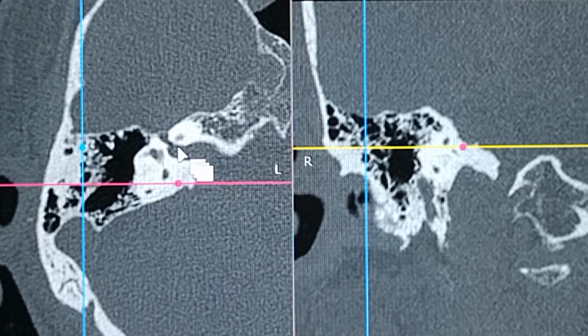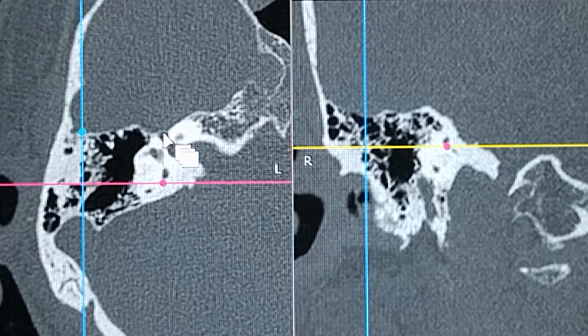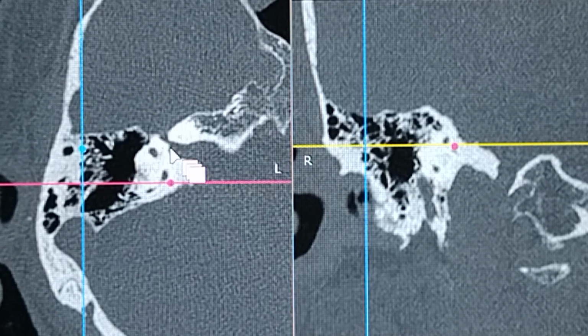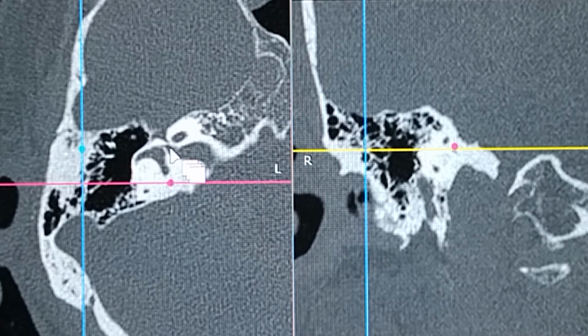And then at the very end, the lateral part of the IAC, it forms the labyrinthine segment, which exits the IAC laterally and then forms a sharp turn right here. Let me go a little bit above. Yeah, there you can see the segment which is forming a sharp turn.